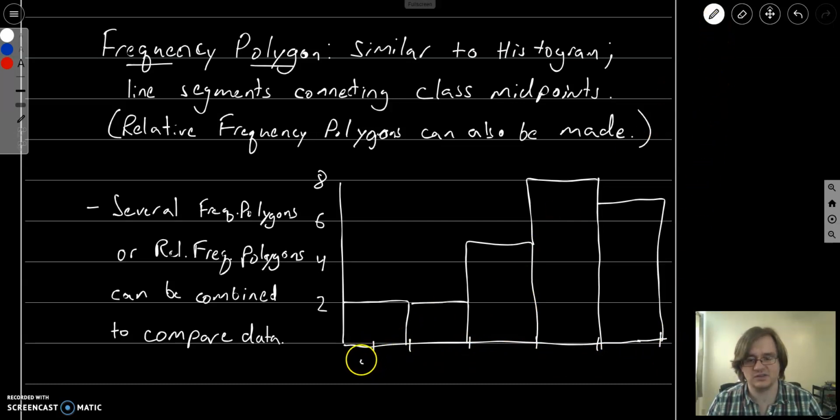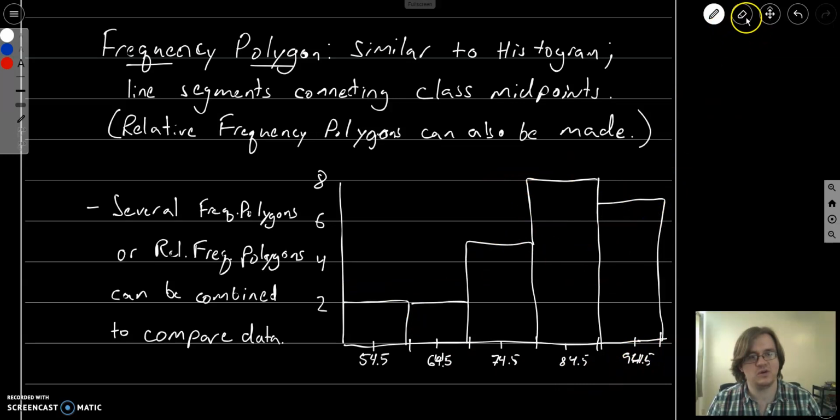So here, this is 54.5. 64 and a half, should be a 4. We've got 74 and a half, 84 and a half, and 94 and a half. So each one of these is just the midpoint of the range.